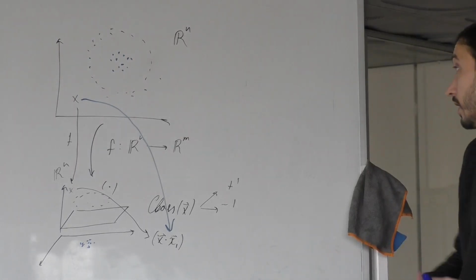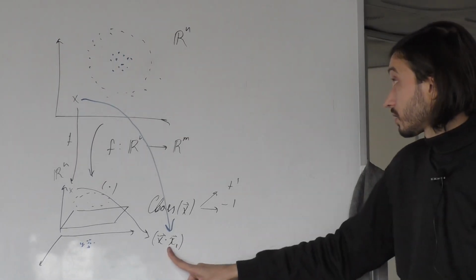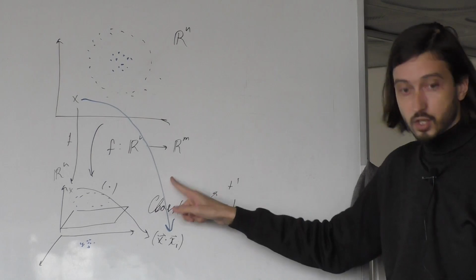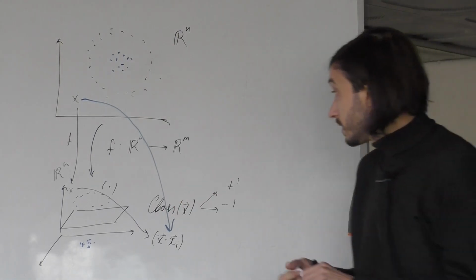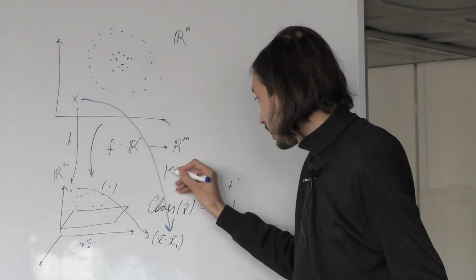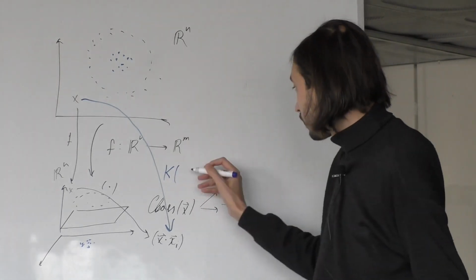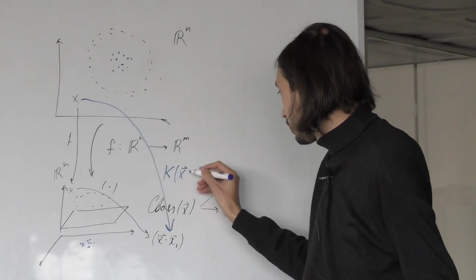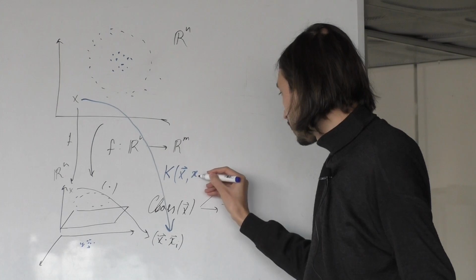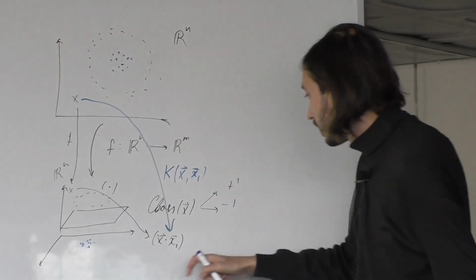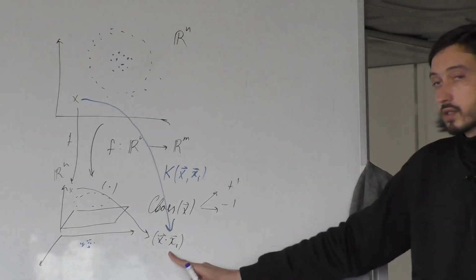Now I say, I can get here directly. Why not? And this function will be called a kernel. So this is kernel k of my x and, for example, some xi. This is the thing I want.